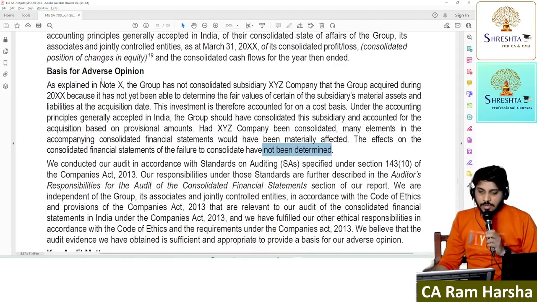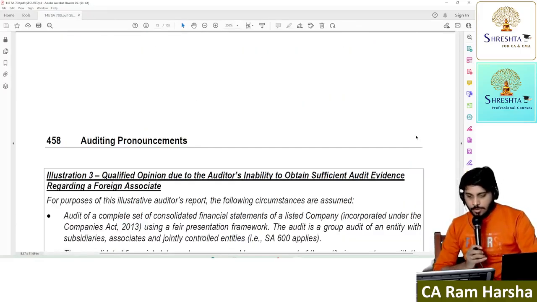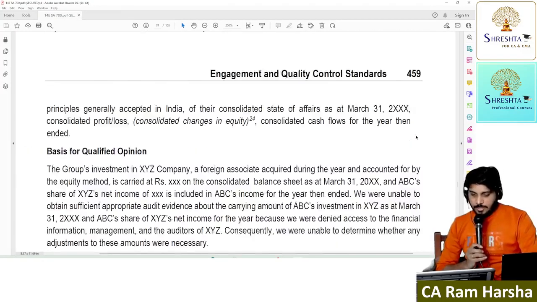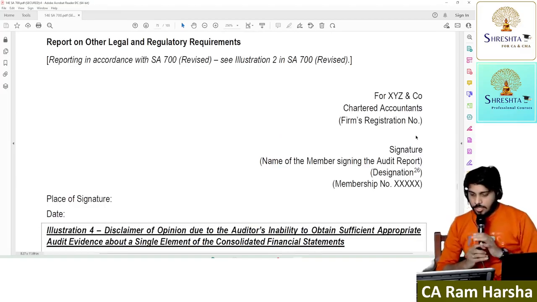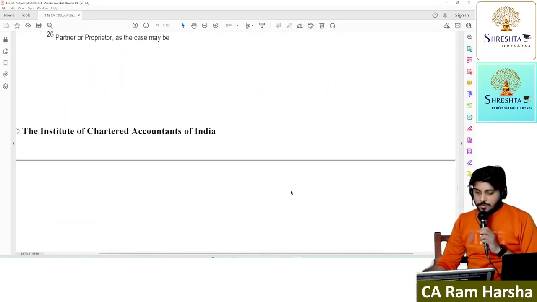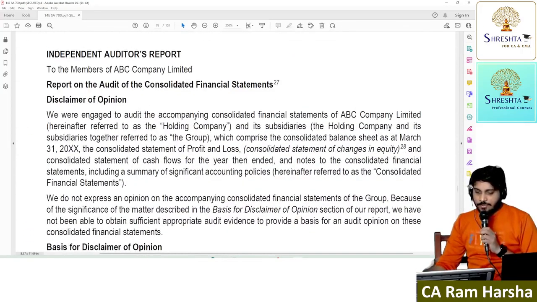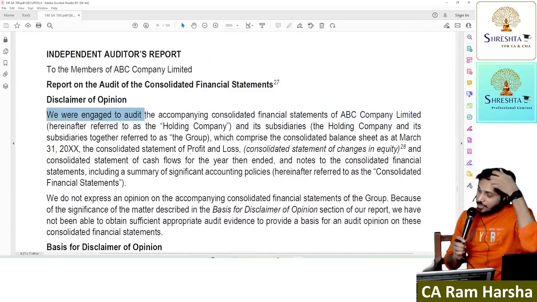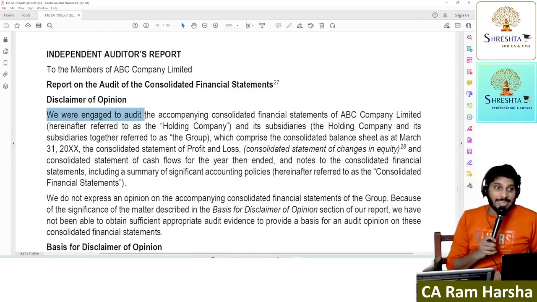Now you see disclaimer of opinion. If you observe here, the starting point itself: we were engaged to audit. They didn't use the words we have audited.